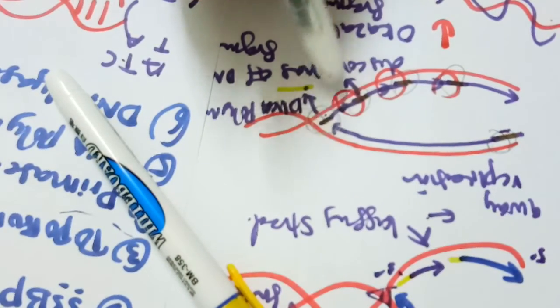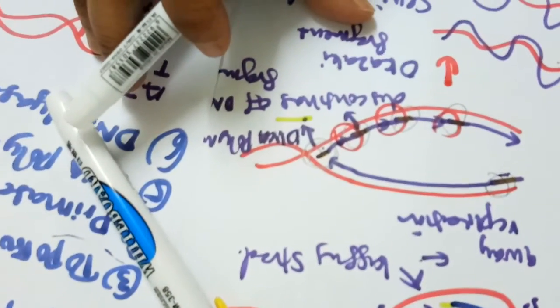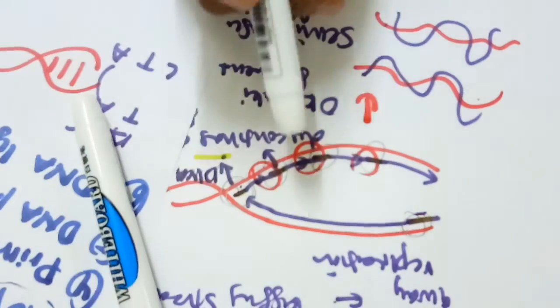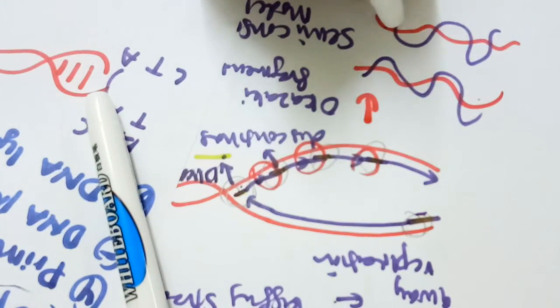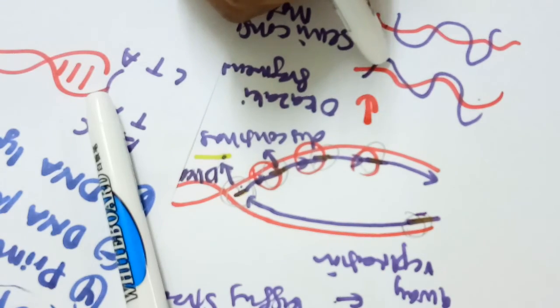Okay, and after that these Okazaki fragments will be joined together by the DNA ligase, and finally they will produce two identical strands that consist of old and new strands.